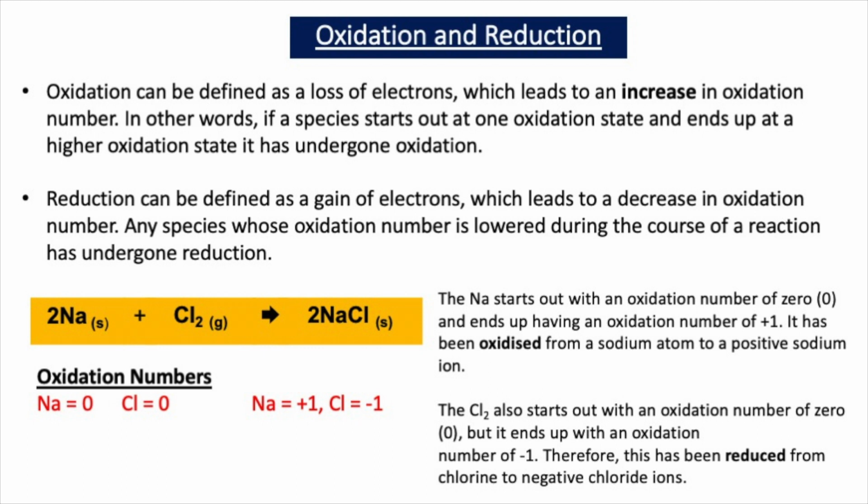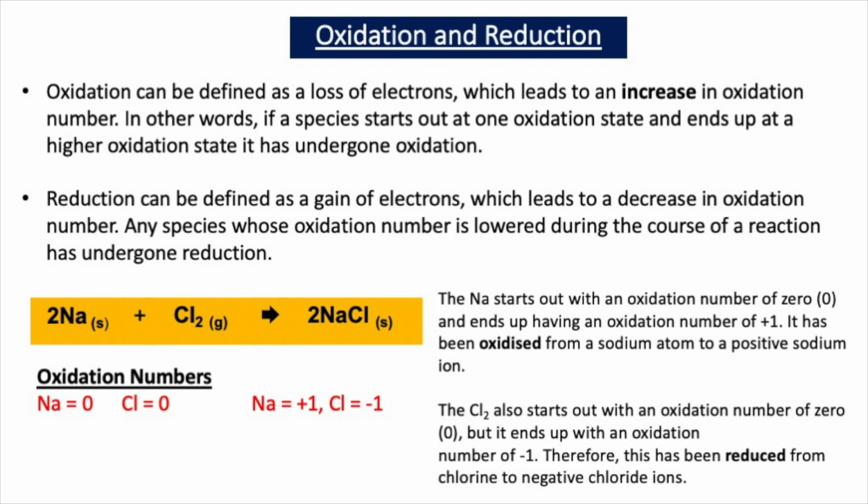Now this is because the sodium, when it's an element, has a 0 oxidation state. And when the sodium is converted to sodium chloride, the sodium has a +1 oxidation state. In other words, we've gone from 0 to +1. There's been an increase in oxidation number, and the sodium is described as being oxidized. It's lost electrons.